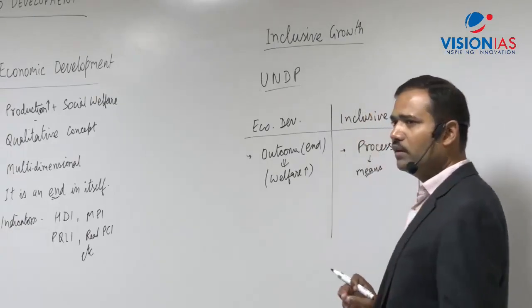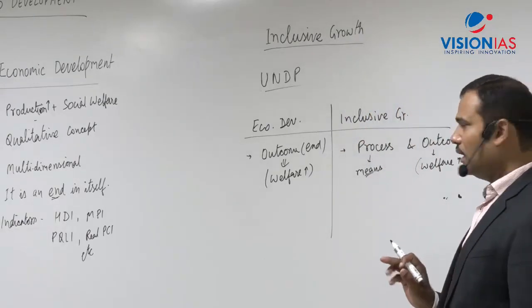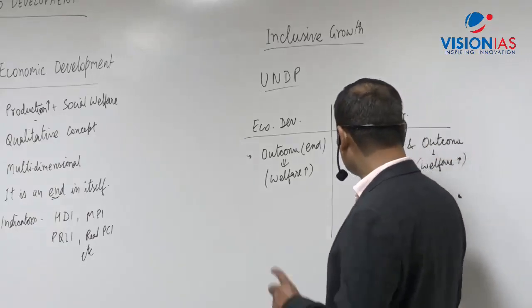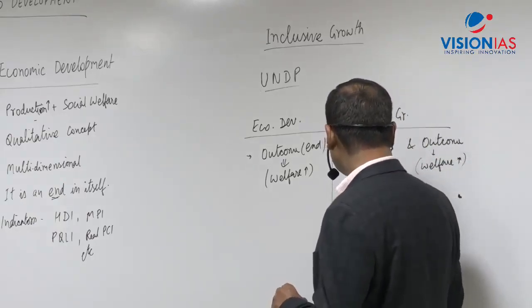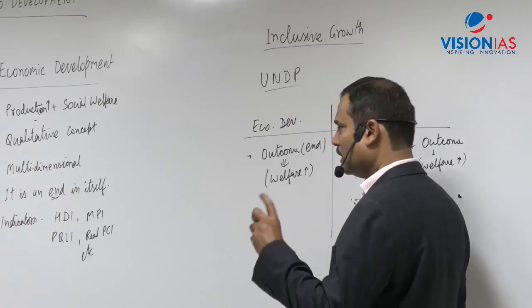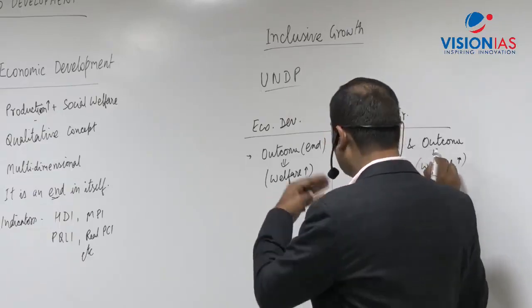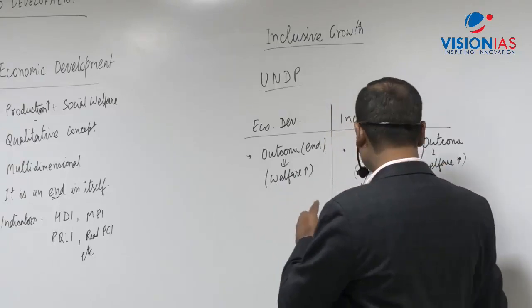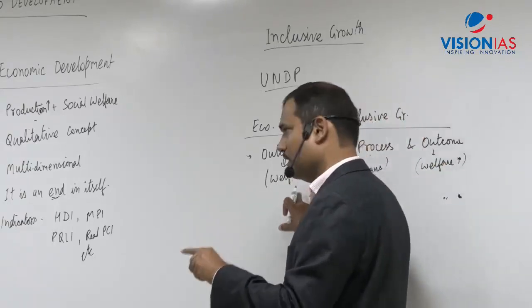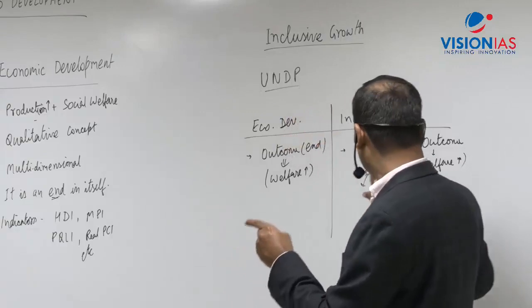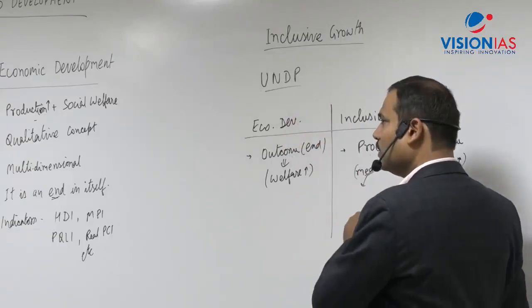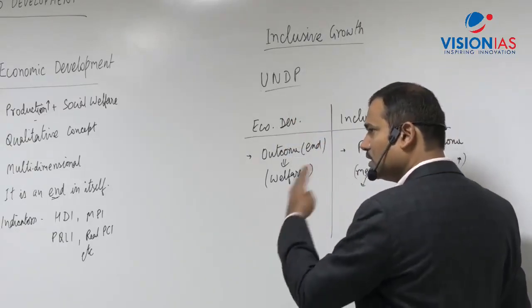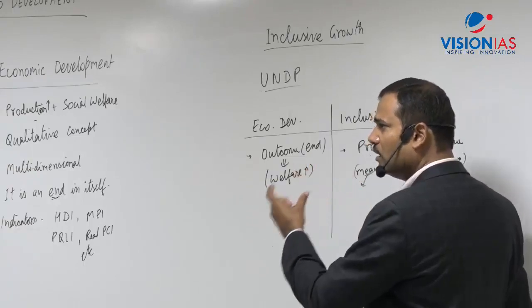So which is broader? Here actually the process, the means, should be considered. Outcome means end and process means means. So here the ultimate objective is to enhance well-being, and here the objective is to enhance well-being as well as we have to be concerned about the process of enhancing well-being, and the process should be what?